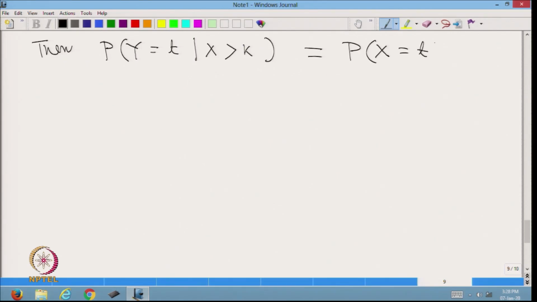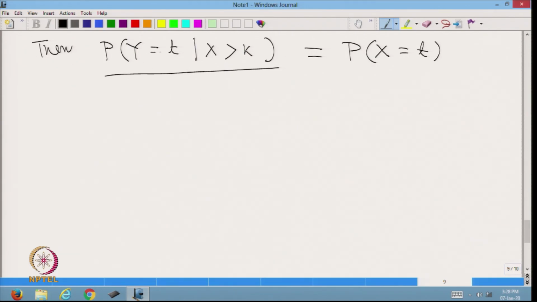So, let me explain this expression. Given that no head has occurred in the first k tosses, X has to be greater than k, and Y denotes the number of additional tosses needed to get the first head.